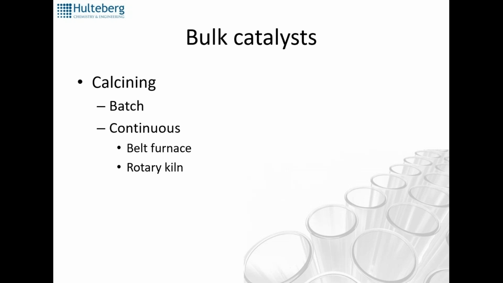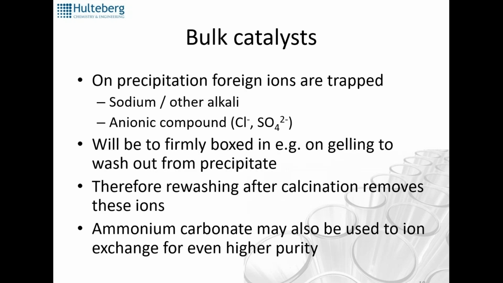All right, so we've now made a calcined catalyst, but one problem when we end up with the calcined material is that you might actually have foreign ions trapped inside this powder.